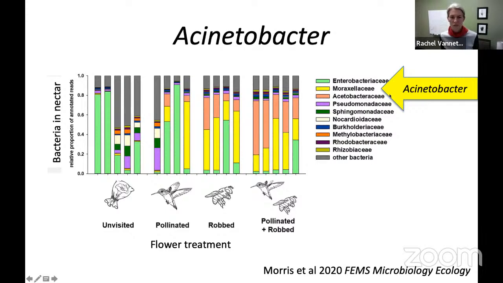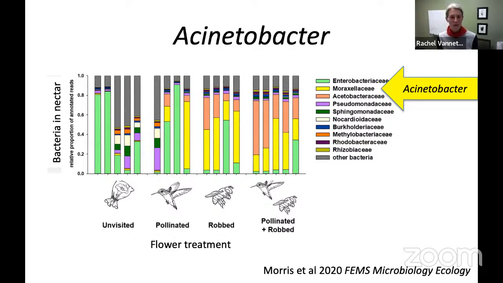This is from the family Moraxellaceae, and all of that family in this sequencing effort is comprised by the genus Acinetobacter. So we wanted to do some experiments with Acinetobacter, but for years and years and years, we couldn't get this bacteria to grow readily in the lab.